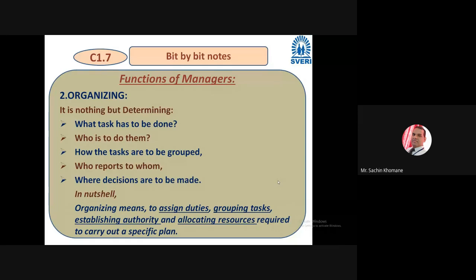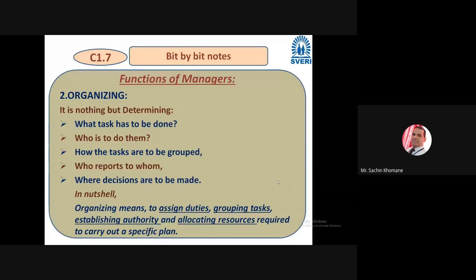Planning and organizing look similar, but there is a difference. Planning is in advance, but while executing, you should have these answers with you. What task has to be done? काय करायचं exactly? Who is to do it? Then how the tasks are to be grouped.